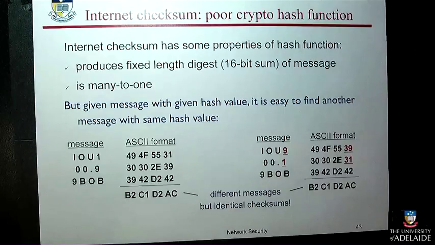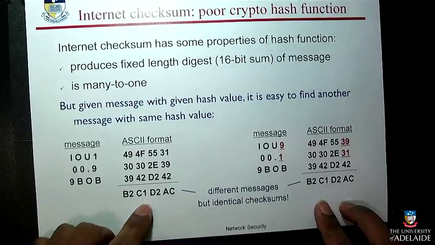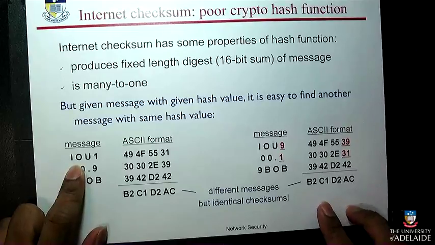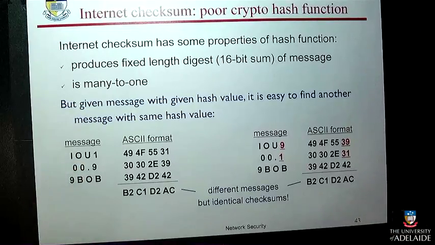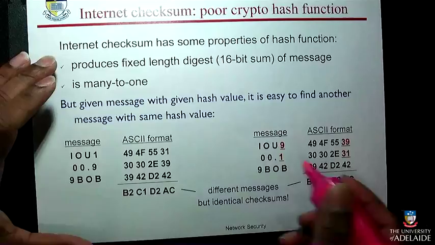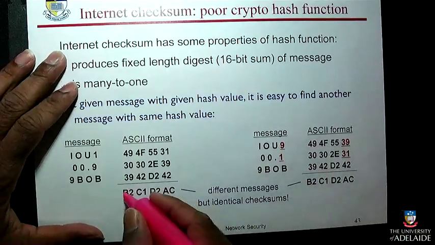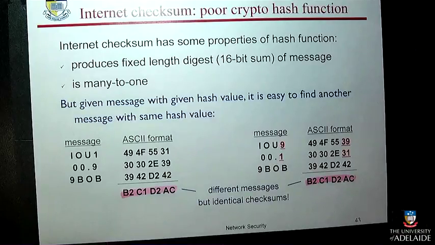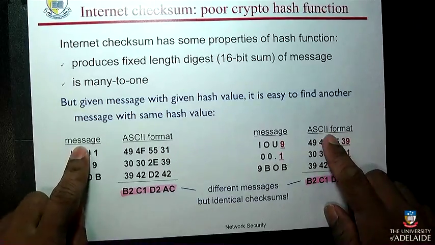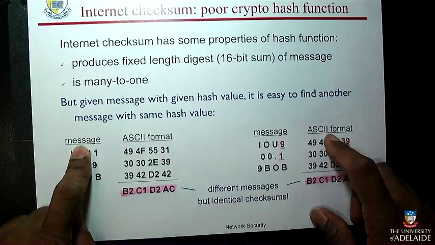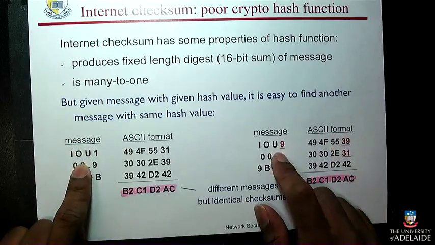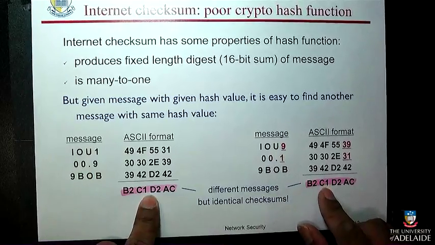This is not a very good hash function because if this is the message that you create, it's easy to take the message, change the message, and get the same hash value. So if you use internet checksum as your hash function, there's a weakness in that it is possible to find another message that's different, which generates the same hash.